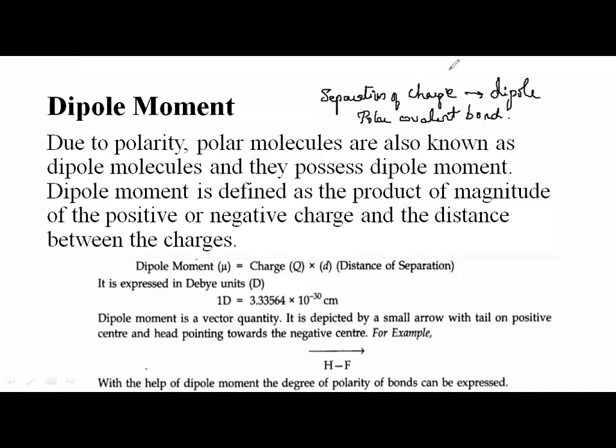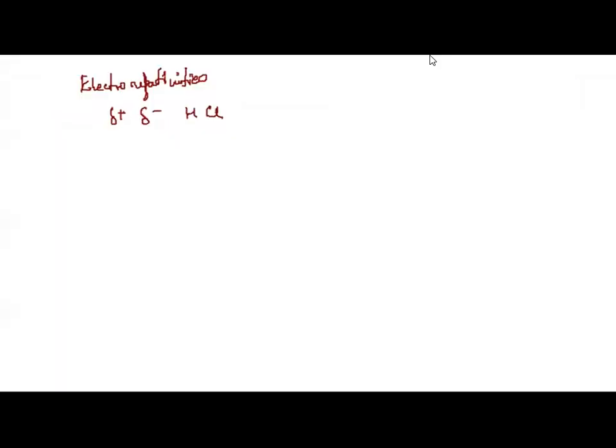So when we speak about dipole moment, we come across so many things. A bond dipole moment is a measure of the polarity of a bond, that is, the separation of charges between the two atoms.